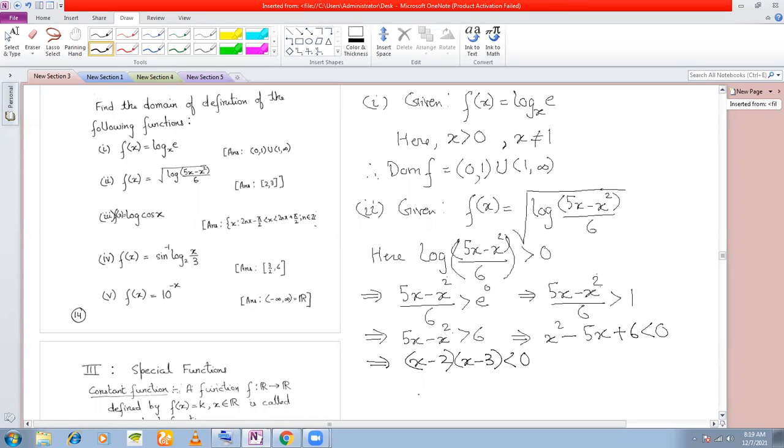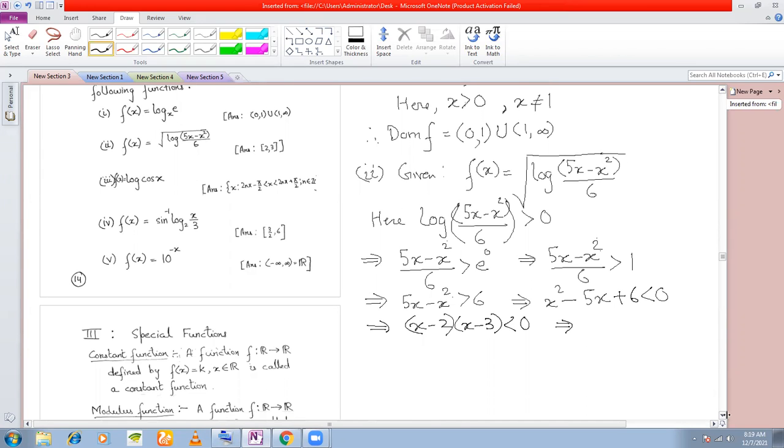On the method of intervals, put x minus 2 equal to 0, you get x is equal to 2. Put x minus 3 equal to 0, you get x is equal to 3. The lower value is 2, and because you have a less than sign, x must lie between 2 and 3. That means x belongs to the open interval (2, 3). So this is what the first condition gives.